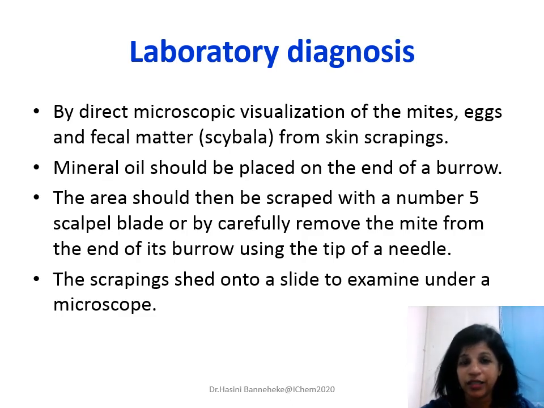The female lays eggs, and they also leave feces in the tunnel itself, and those things can be seen when you look under the microscope. Now the eggs also can hatch while they are in the tunnel, and then the larvae can burrow lateral tunnels to the main tunnel, and so you can see all these structures, the different stages of the mites as well under the microscope if you take a scraping from the tunnel.